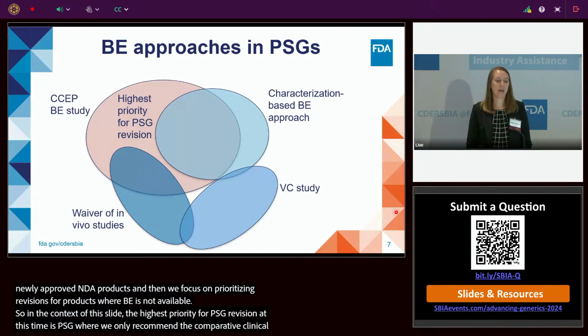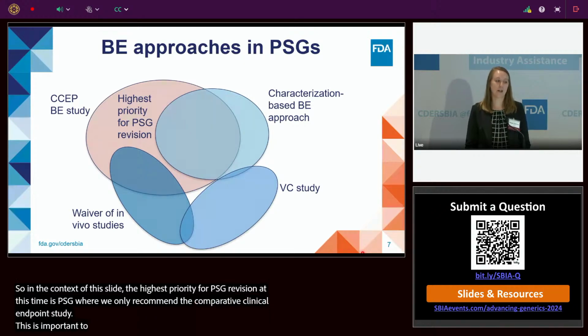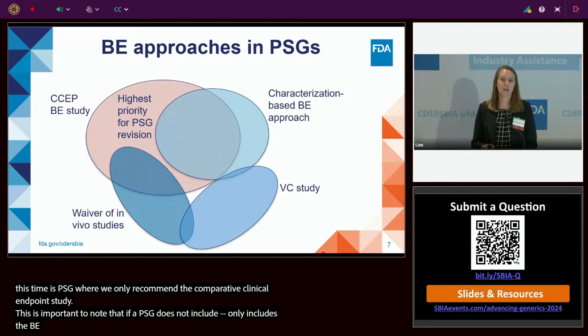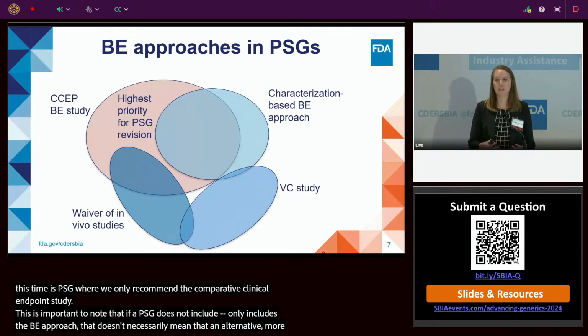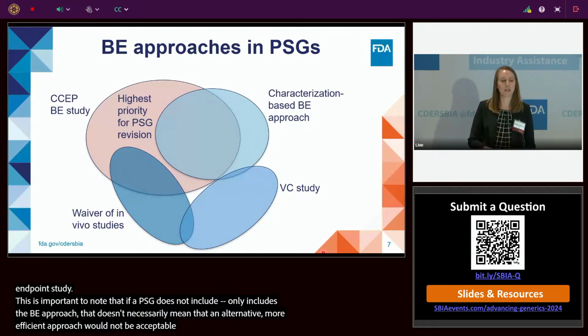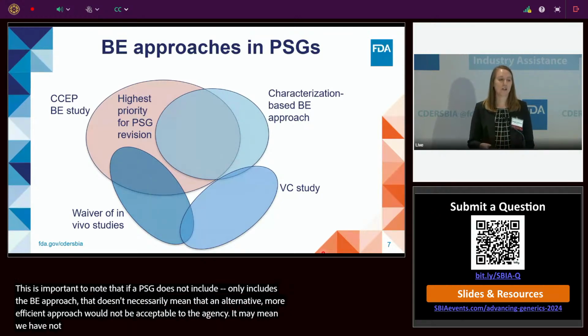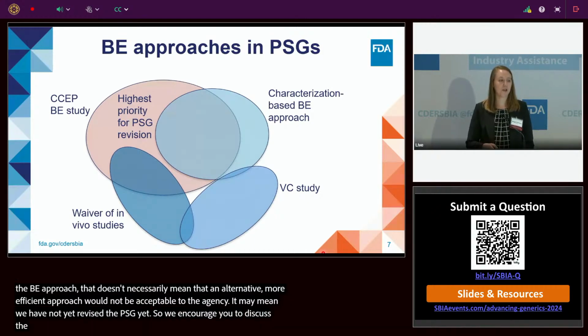Now, it's important to note that if a PSG does not include a characterization, or if a PSG only includes a characterization-based bioequivalence approach, that doesn't necessarily mean that an alternative, more efficient approach would not be acceptable to the agency. It may just mean that we have not revised that PSG yet. And so we encourage you to discuss any proposed alternative approaches with the agency through a product development meeting request.